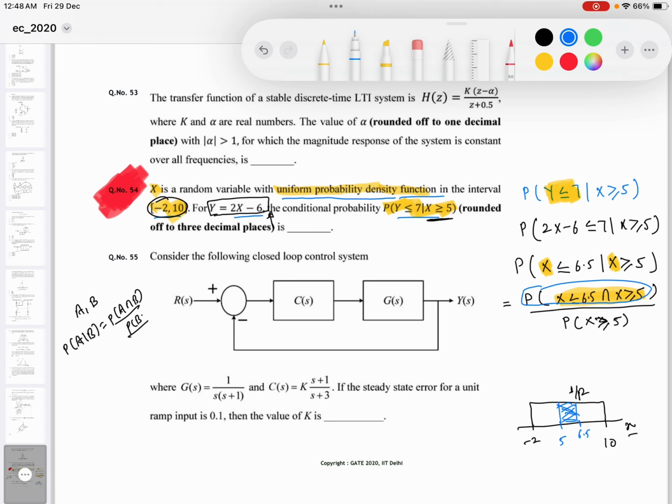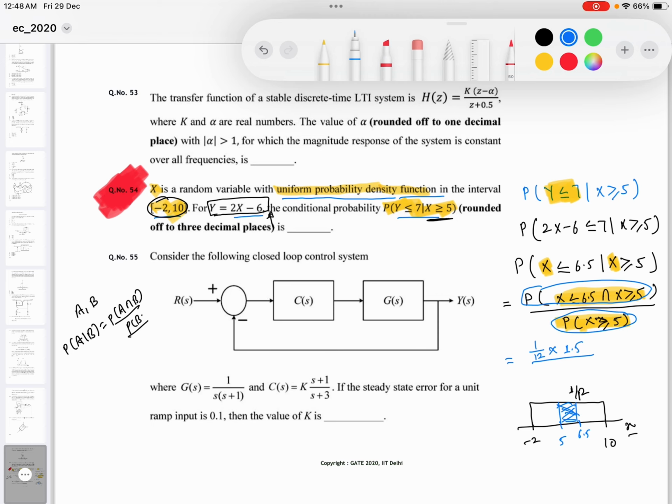And if you look at the denominator term, it is x greater than 5. So we can also calculate this. So let me first calculate the numerator term. The numerator term is the area under the PDF, which is 1 divided by 12 into (6.5 minus 5), that would be 1.5 divided by 12.